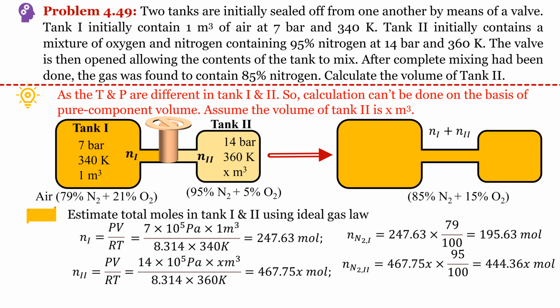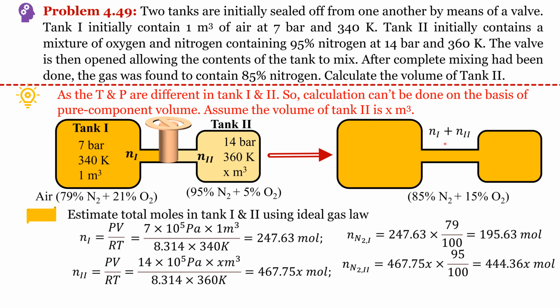Now further, it is given that tank 2 contains 95% N2. So we can write the moles of N2 in tank 2 will be equal to 95% of N2. So the number of moles of nitrogen in tank 2 will come out as 444.36 x mole.